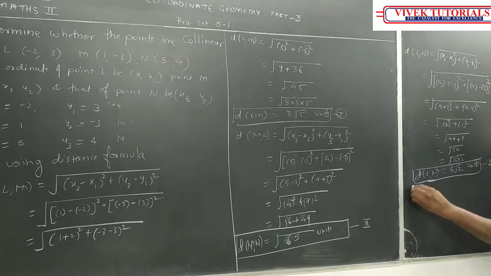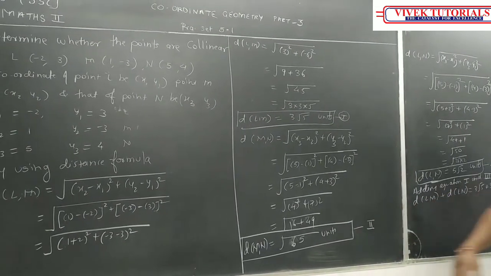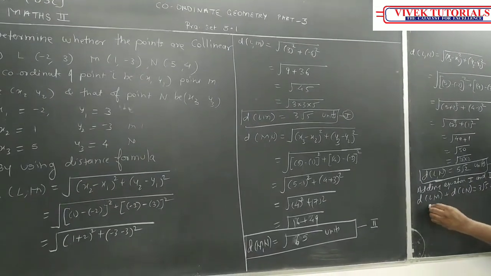So adding equation 1 and 3, we get distance LM plus distance LN is equal to 3 root 5 plus 5 root 2. It is equation 4. But that is not equal to equation 2.